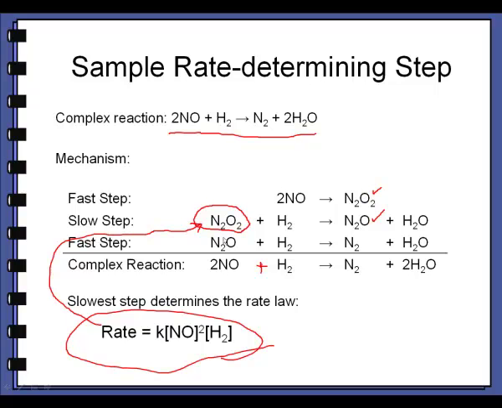The reason why it's not expressed, and this is again more of an advanced thing, not necessarily for all of you to know, is because rate laws can only be based upon reactants that actually show up in the complex reaction. You cannot have intermediates showing up in your rate laws. So I have to go backwards because the creation of N2O2 is ultimately dependent upon this. That's why this is included, but this is not.